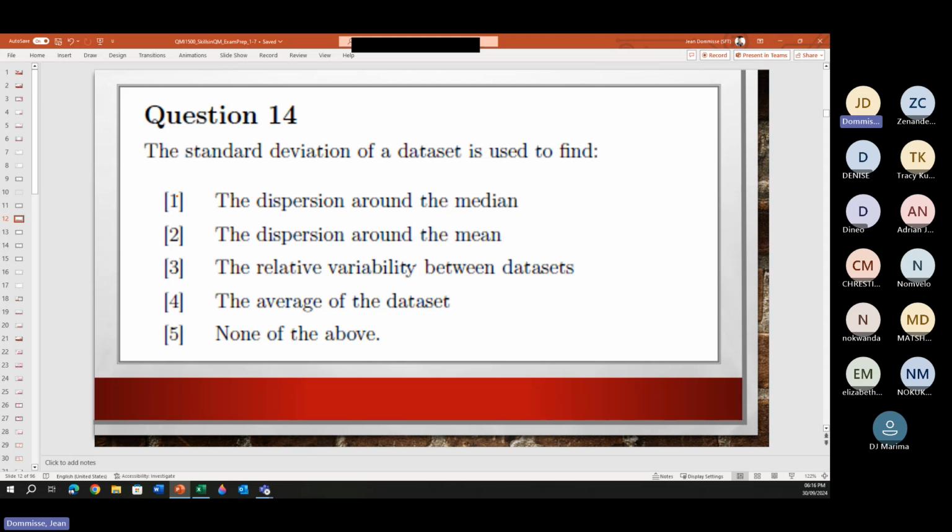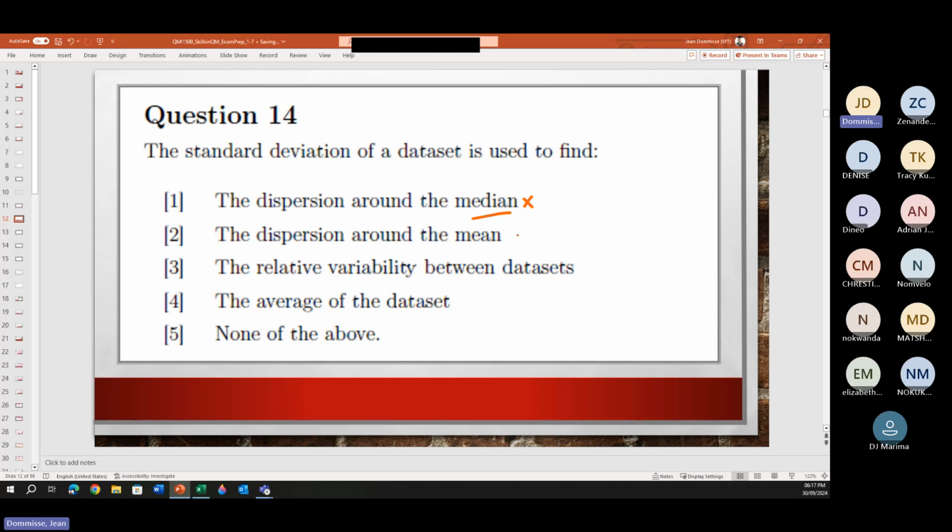definition one that I also think we've nearly covered two definitions a lot on the data side. The standard deviation of a data set is used to find the dispersion around the median. Okay, no, in that formula we're not looking at the median. The dispersion around the mean.